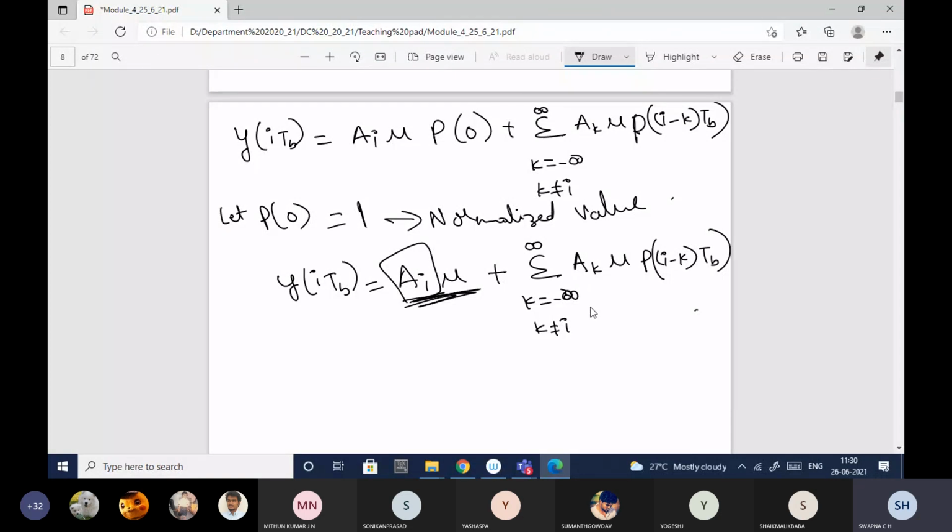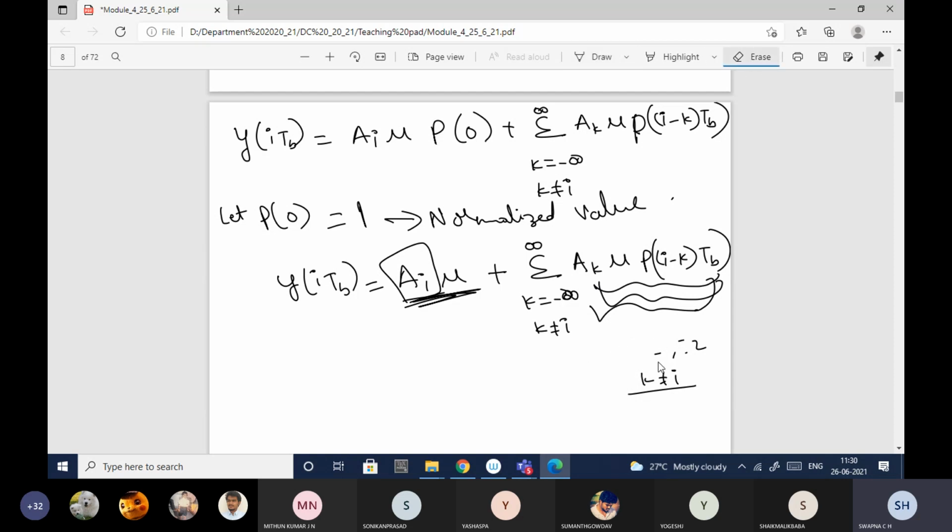What about this all? These all correspond to the remaining bits, in the sense k is equal to either 0, or plus or minus 1, plus or minus 2, and so on, but k not equal to i. Except for i, this k value can be anything. This is the additional term, and this is nothing but the ISI component, inter-symbol interference.